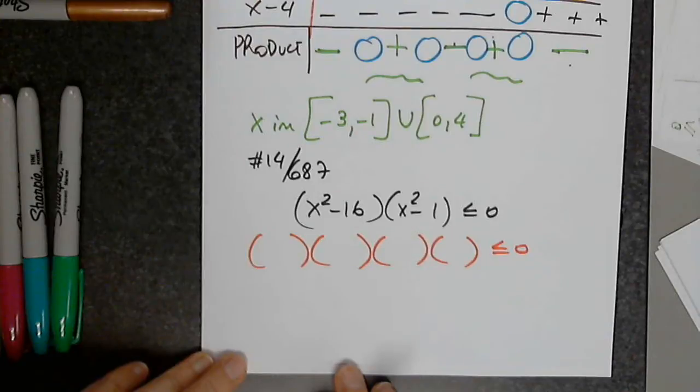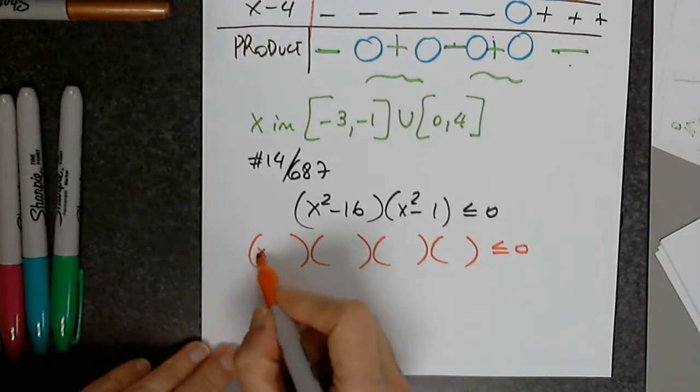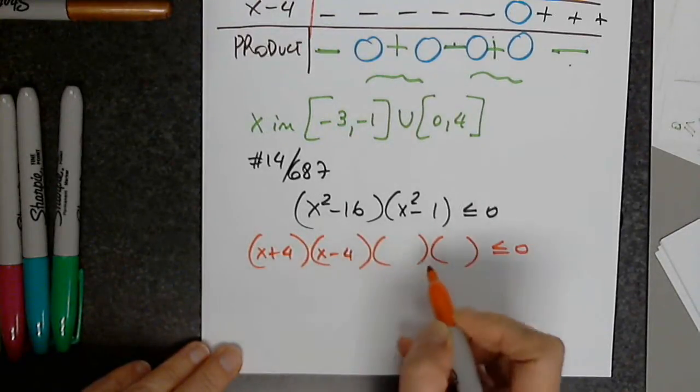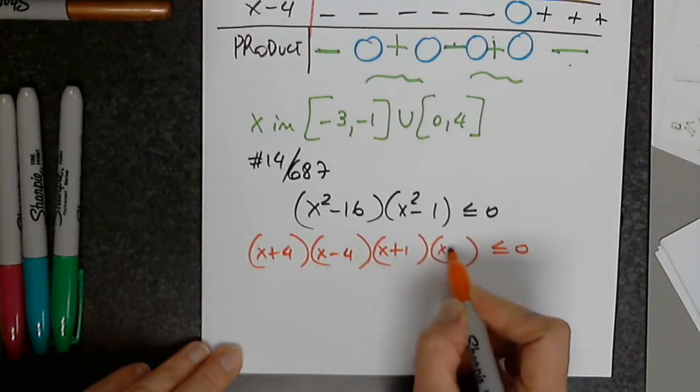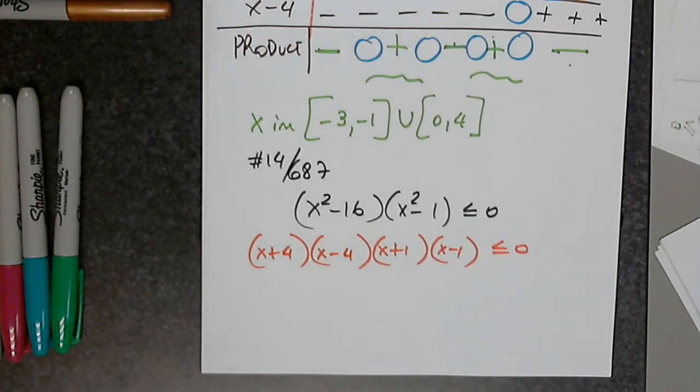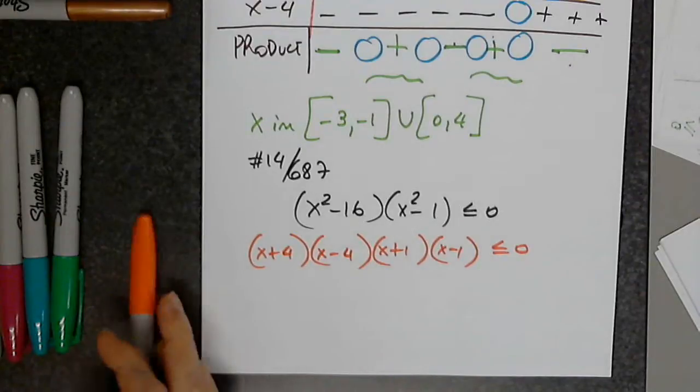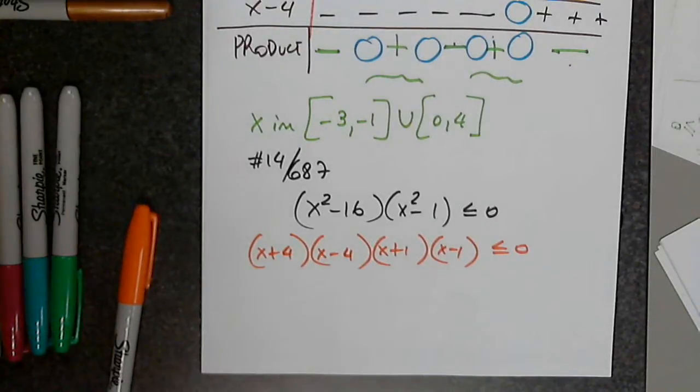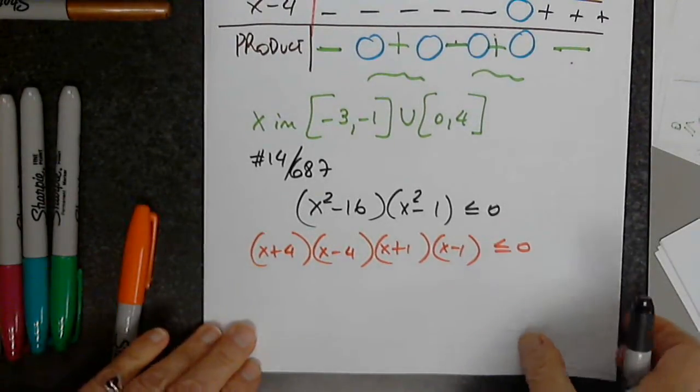So the first one. This is chart ready if you decide to use it. It's a product on one side and 0 on the other.